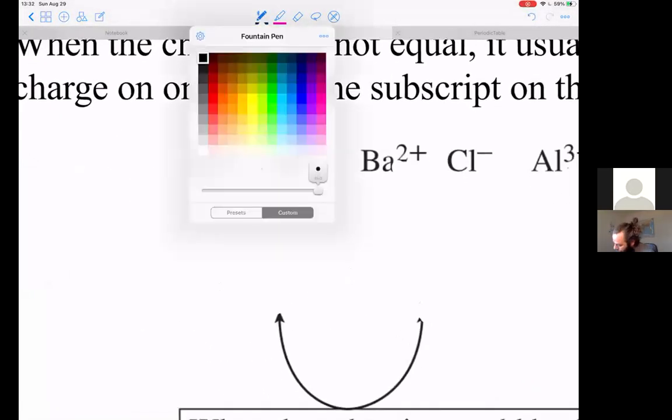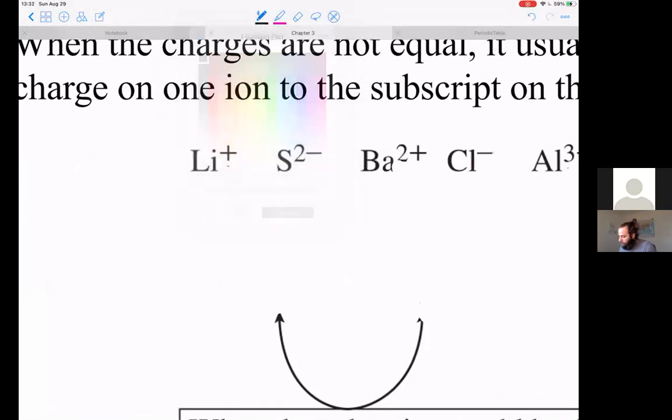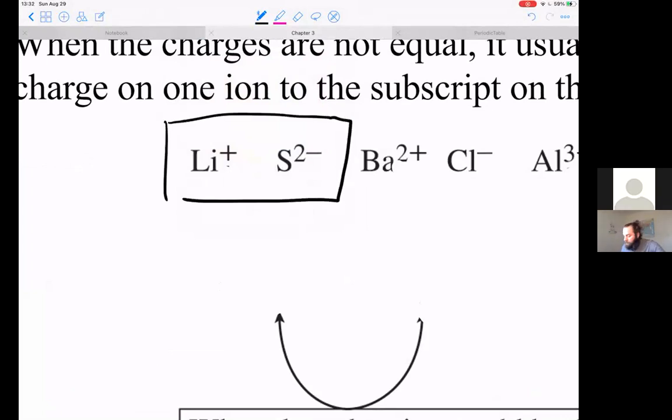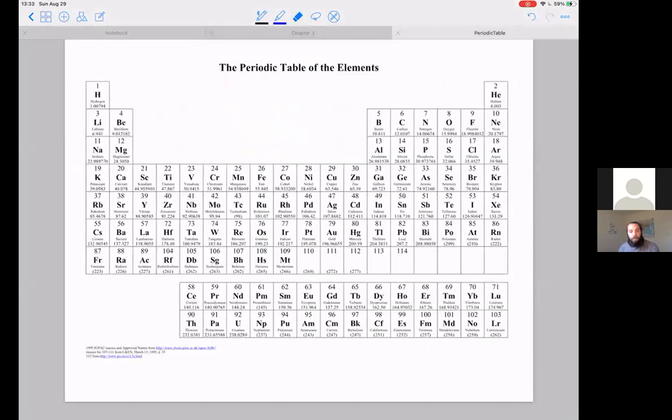If they're not 1:1 like that, things might seem a little bit more complicated, but it's not too bad. So let's take as an example a compound that would form between lithium, a lithium ion, and what's called a sulfide ion. And I guess just to remind everybody, we know based on where these live on the periodic table, the charge that they should form.